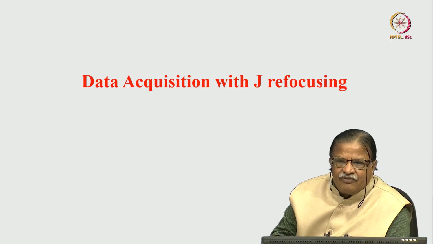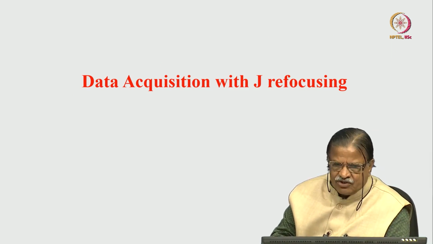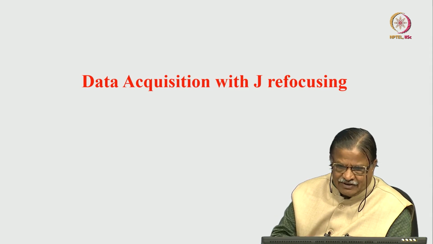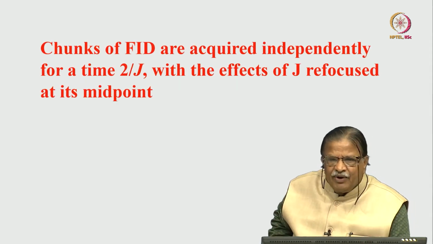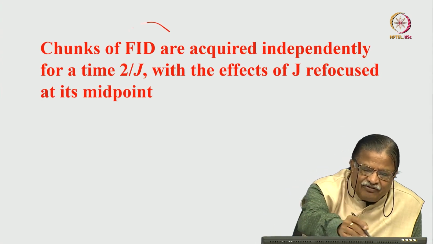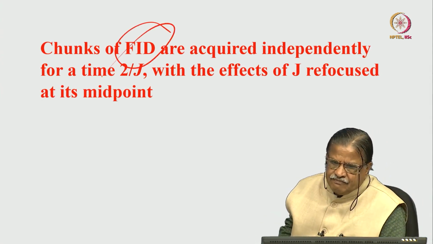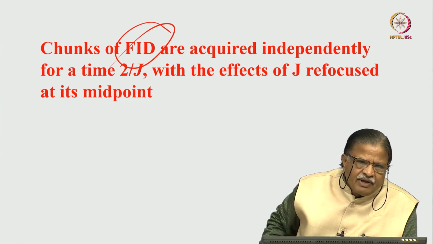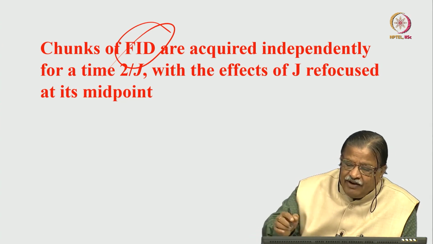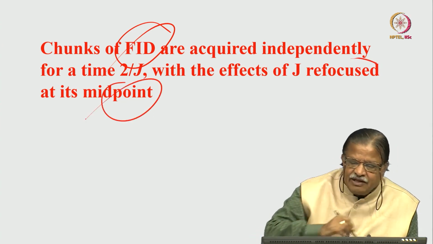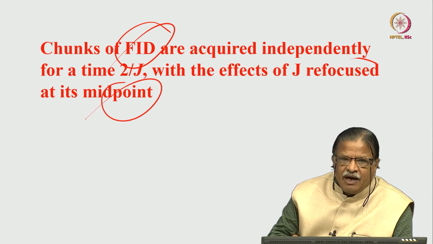Alright. How do you acquire the data with J refocusing? That is the next question. How do you acquire data while doing J refocusing? What we do is we acquire chunks of FID, acquired independently for a particular time, which is 2 over J, with J refocused at the midpoint of each.